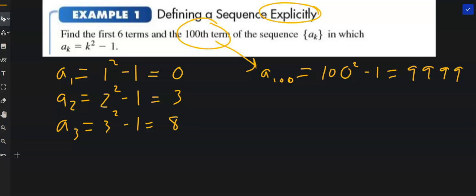Ain't nobody that want to do that. That's why the explicit formula makes it much nicer to go to any term you want. The recursive pattern is great for the first 5 terms. After that, it becomes a real pain.